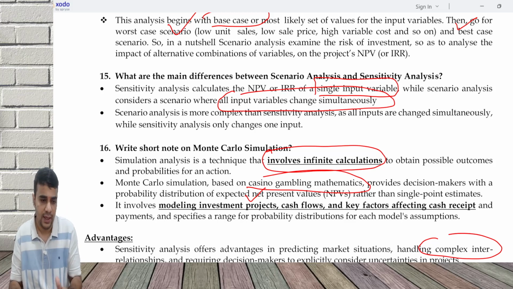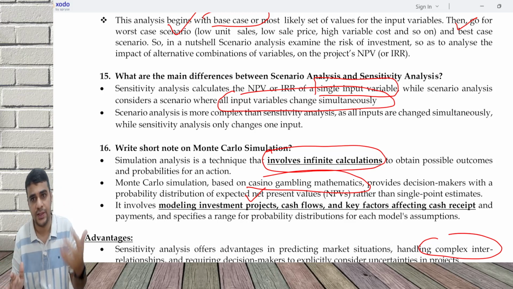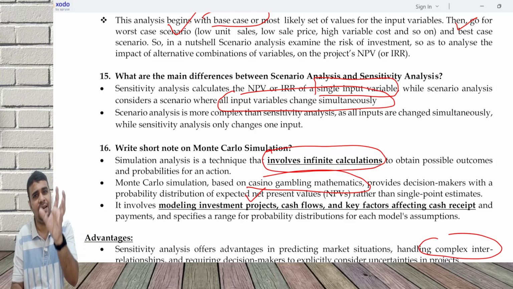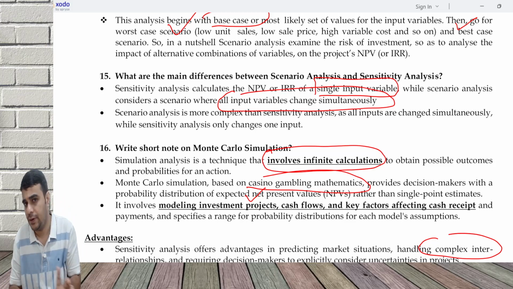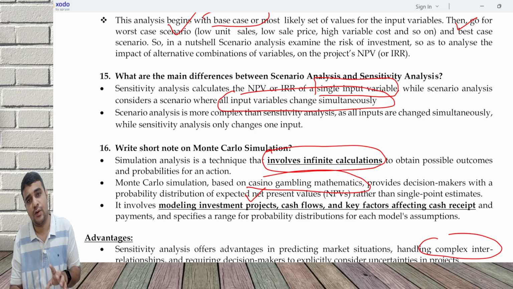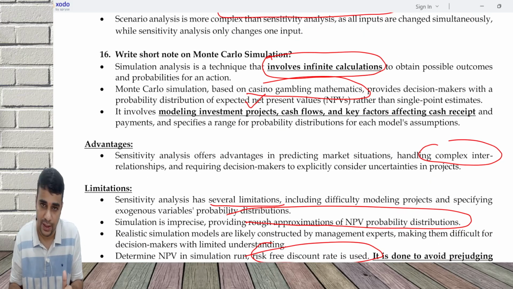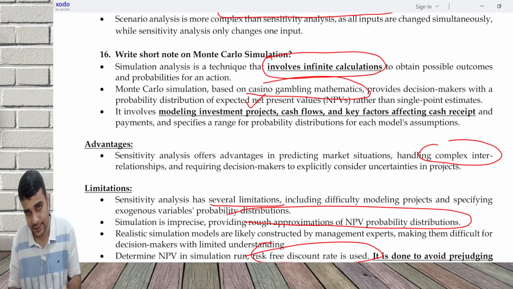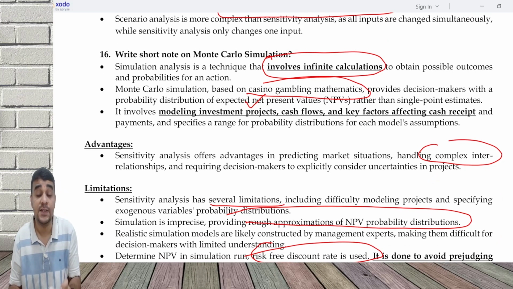In class we would have done 10 experiments, but you can run 100, 1000, or 10,000 experiments. That will finally decide the likely NPV for the various experiments, and you can decide a probability. The major disadvantages are, one, deciding the probability data or developing the model itself, and two, you are using risk-free rates for discounting, which may not be the right way of doing it.